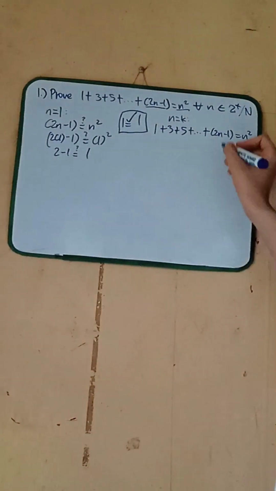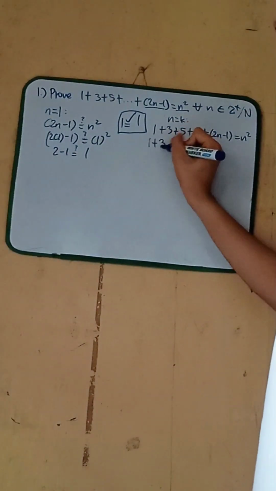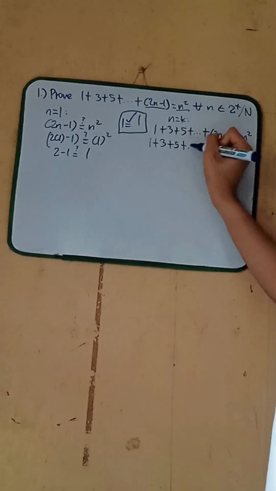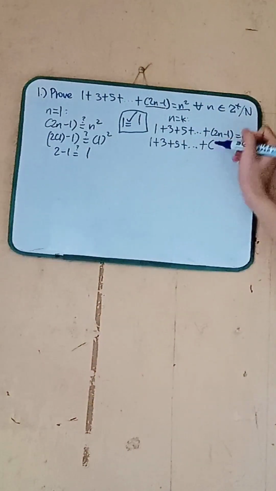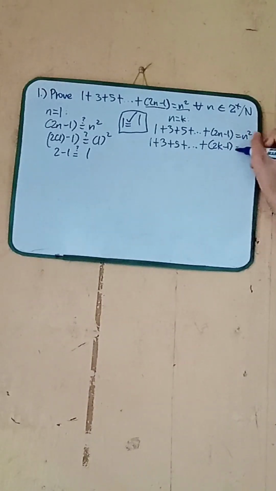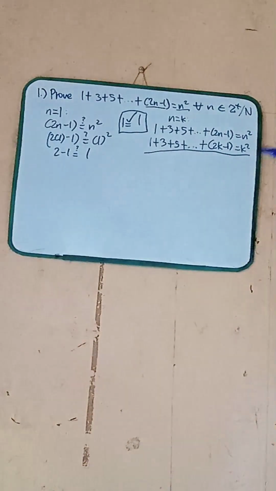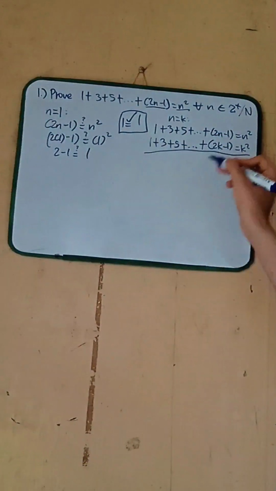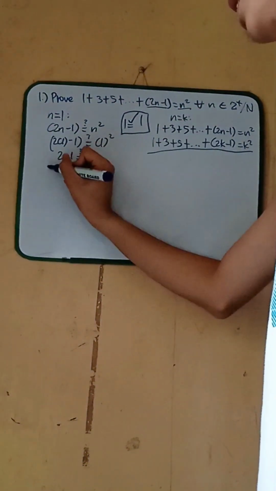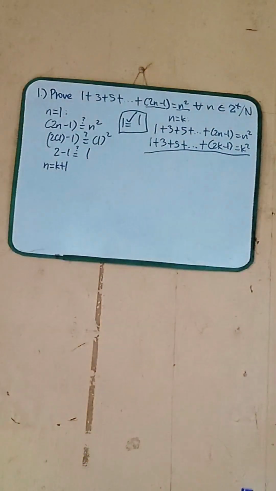Substituting n by k, we have 1 plus 3 plus 5 plus dot dot dot plus 2 times k minus 1 equals k squared. So n equals k is true. This is an assumption. Now, this is the last part in proving a statement using mathematical induction.